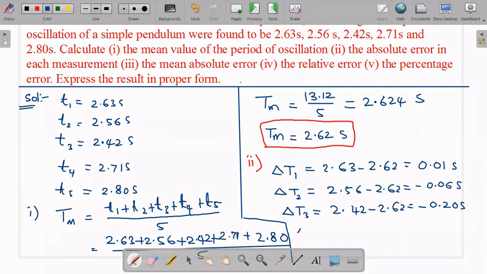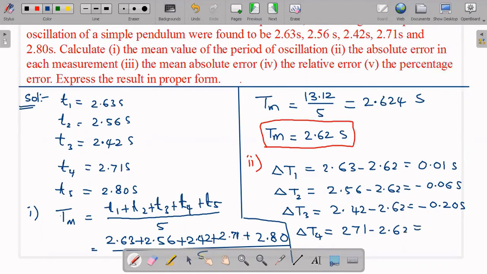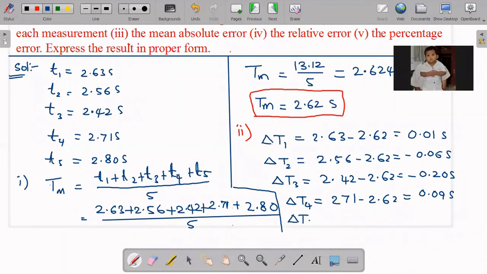Next, delta T4: 2.62 minus 2.71, oh sorry, 2.71 minus 2.62. Plus 0.09 seconds it will be. And the last one, delta T5: 2.80 minus 2.62. How much will it be?